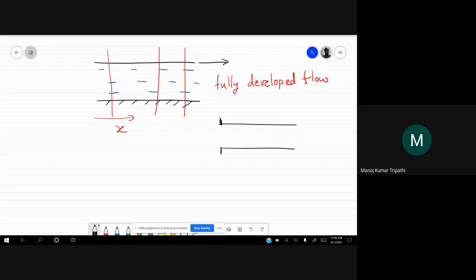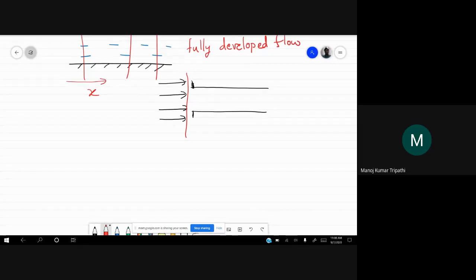Let's say this is the starting of a pipe or a channel, and if there is a flow at the inlet, at this cross section, if you plot velocity vectors, they will look like this.